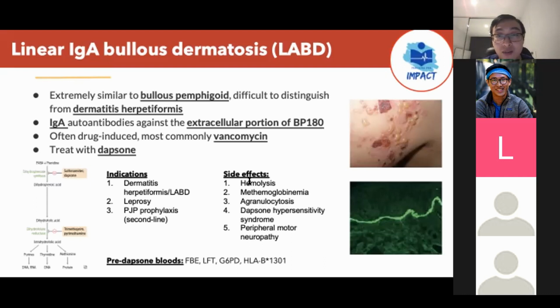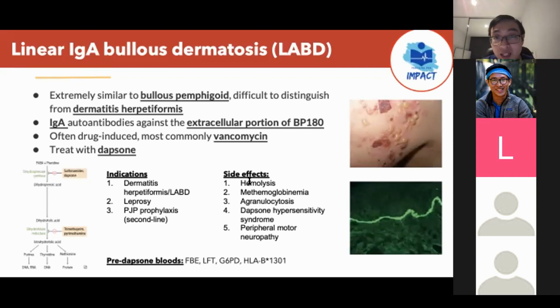Do you guys know how to treat methemoglobinemia? Not quite vitamin C. Methylene blue is what you use to treat methemoglobin. Anyway, that's as an aside.